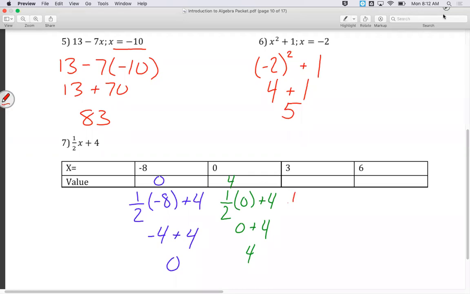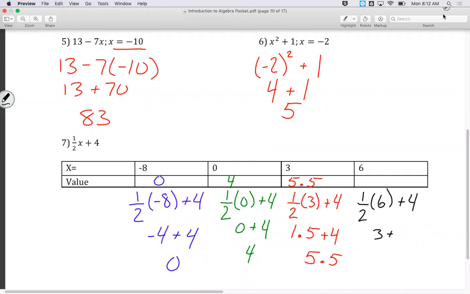Half of 3 is 1.5. So I'm going to write it as a decimal because I find it easier here. Plus 4 is 5.5. Number 6, half of 6 is 3. Plus 4 is 7. And that's how you do it. Any questions? All right.